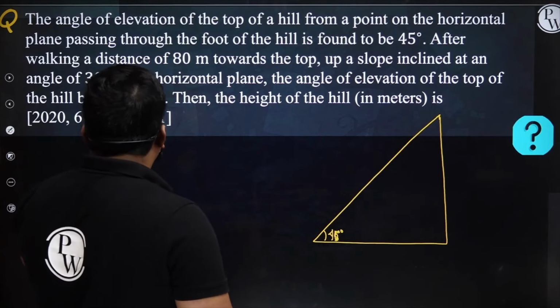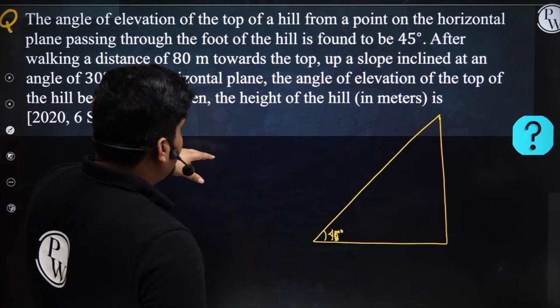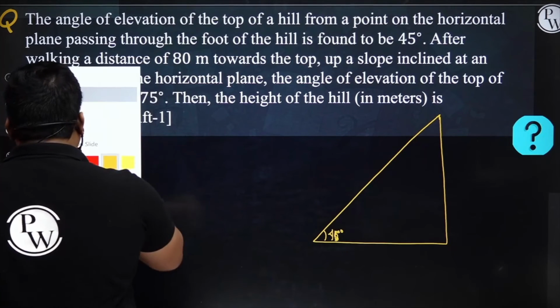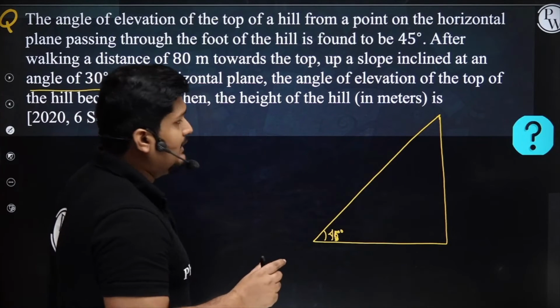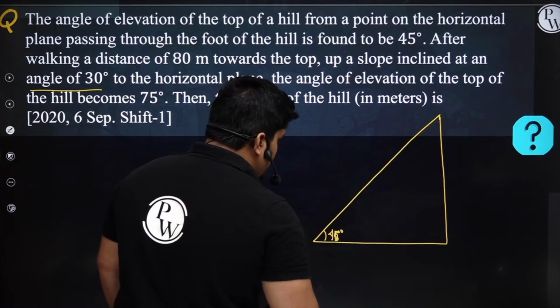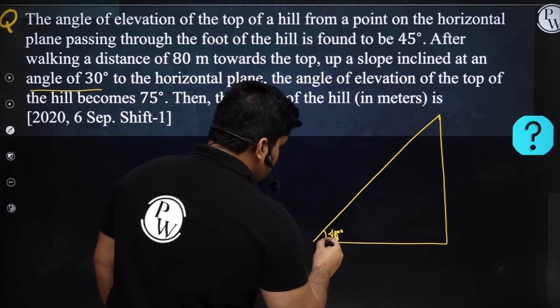What is next? After walking a distance of 80 meter towards the top, up a slope at an incline of 30 degree. See, this is important, that you are going to walk at an incline of 30 degree. Fine. So, if you walk at an incline of 30 degree, so something like this.